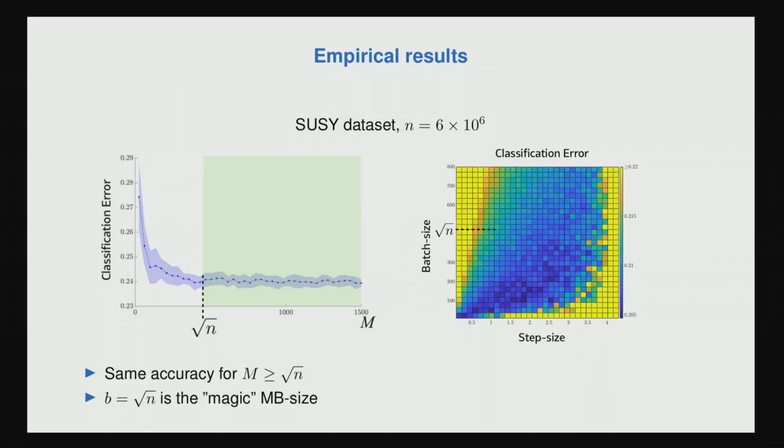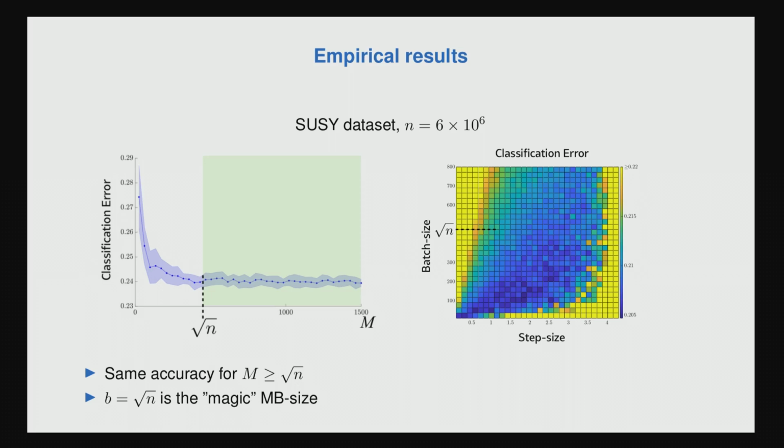So now let's look at how this works in practice, and let's see if we can observe empirically what theory was suggesting. We ran this on high energy physics data, in particular SGD, so these are millions of points.